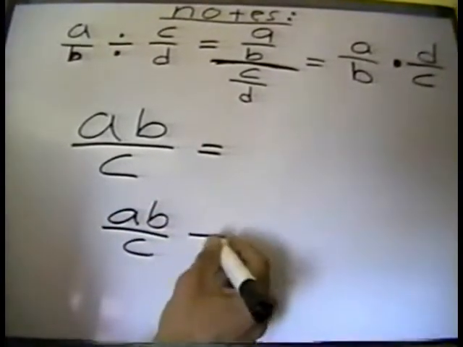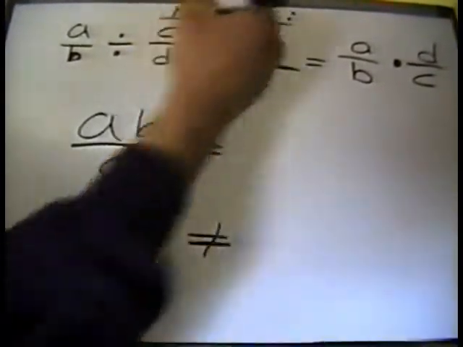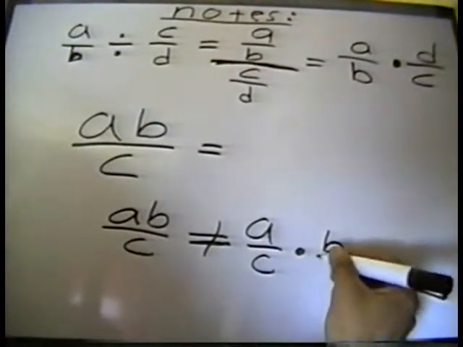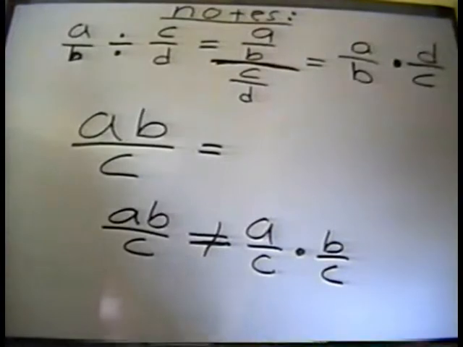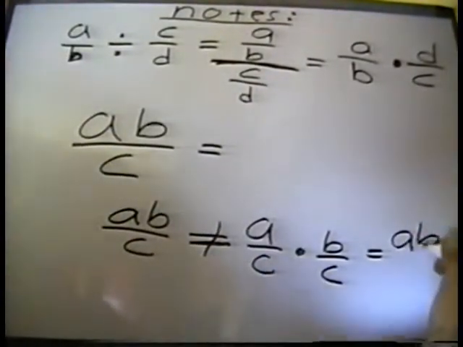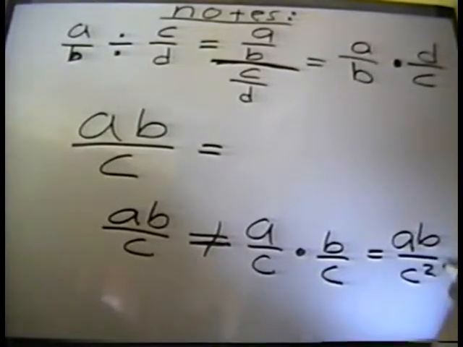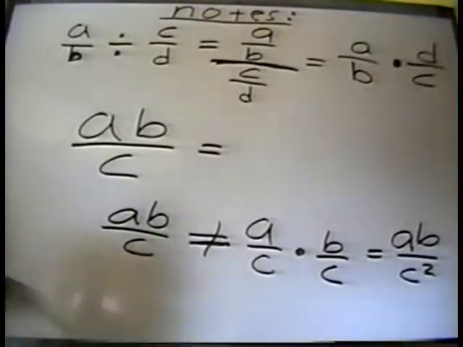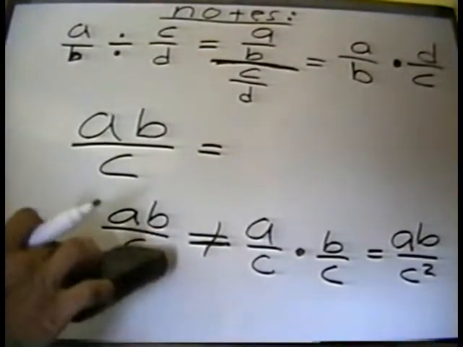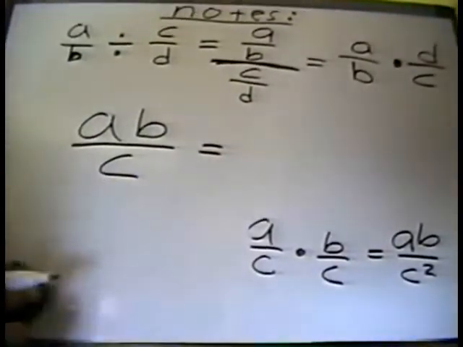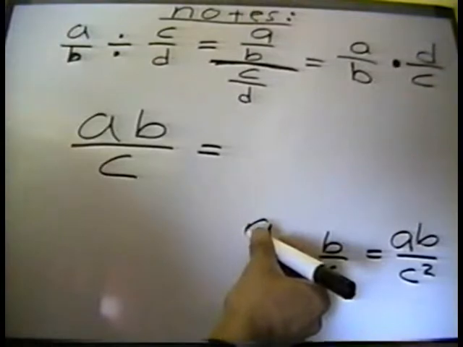You wouldn't say this is A over C times B over C, because this equals AB over C squared. Okay? So AB over C does not equal that.